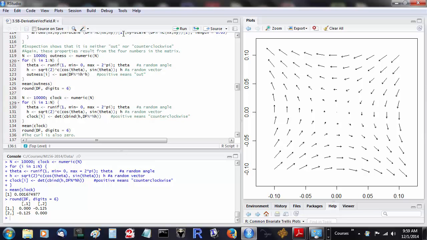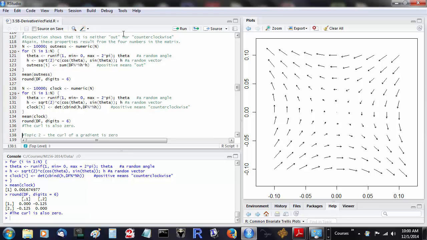And if you look at the derivative matrix, you'll see that its trace is 0, and the difference between the off-diagonal entries is also 0. This is a field with no divergence, no curl, which is characteristic of an electric field in space where there is no electric charge.